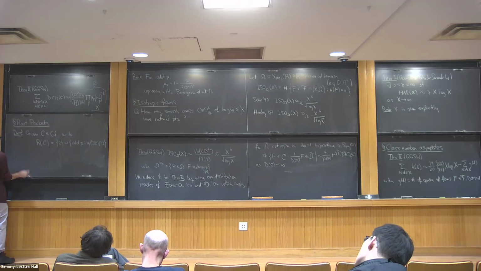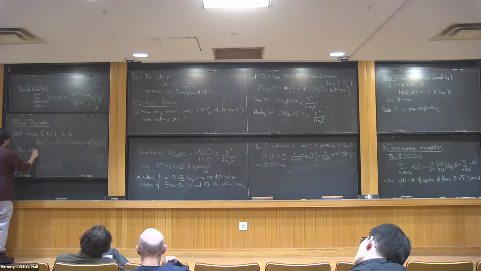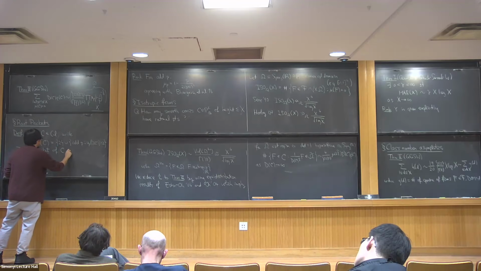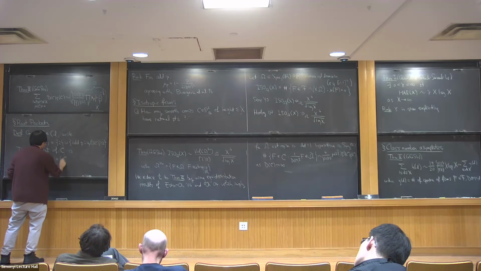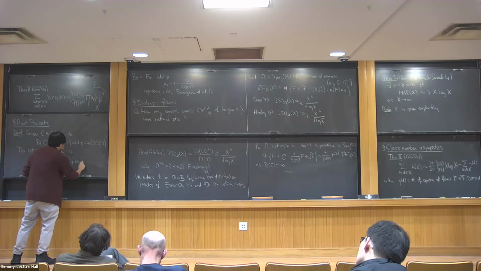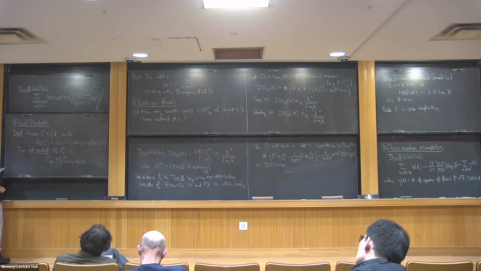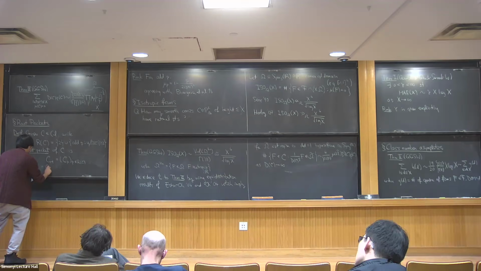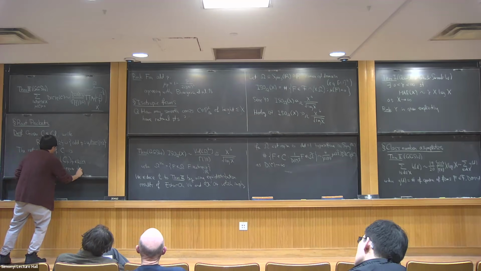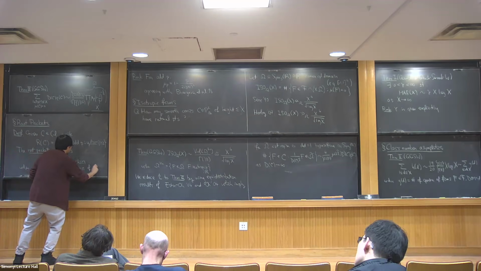And we'll define the root packet of C to be the following formal collection, ranging over primes inside this set, where this C_p denotes the GL3(Z_p) equivalence class of C.